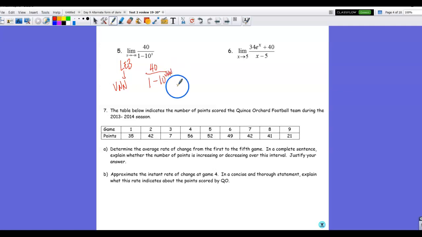Now, because the 10 has a negative power, I'm going to use algebra 1, and I'm going to do a rewrite, create a complex fraction. The 1 does not have a negative power, so it's not going to go into a denominator. The 10 is going to go to the denominator, and because I've moved the 10 to the denominator, its power now becomes a positive power. So let's think about that. 10 raised to an infinitely large number.